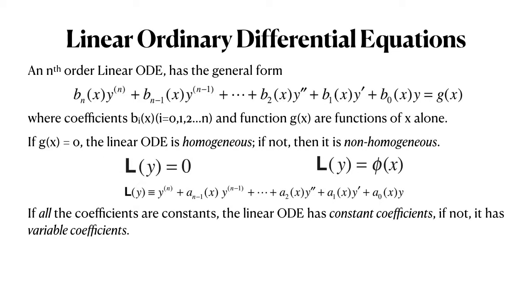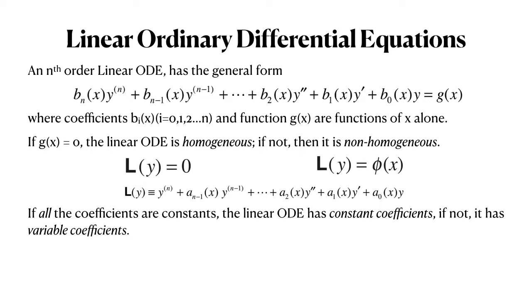An nth-order linear ODE has the following form. The first-order linear ODE, which we encountered before, could also fit this format, where the coefficients b of x and function g of x are all functions of x and of x alone.